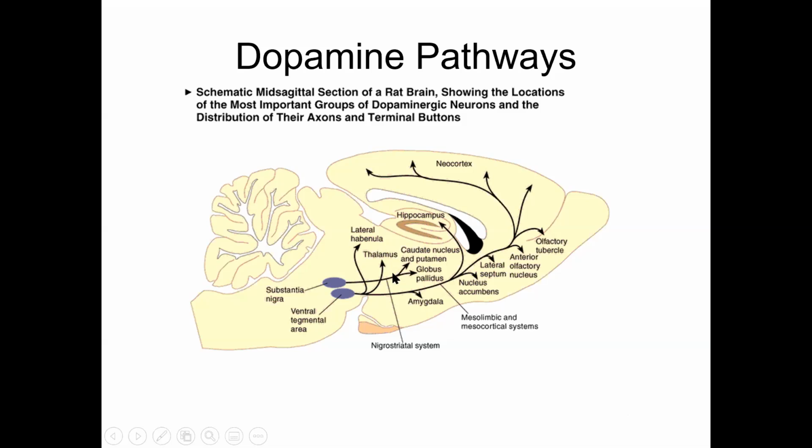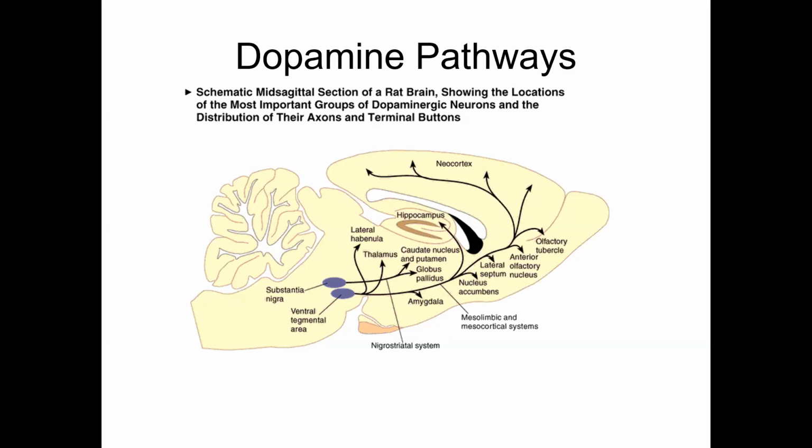And these form the nigrostriatal tract that will primarily project to the caudate nucleus and the putamen, and then the caudate nucleus and putamen will then give its outputs upon the globus pallidus. And what we have seen before in the striatum lecture is that the amount of dopamine release in the nigrostriatal system will activate either the D1 mediated direct pathway of the striatum or the D2 mediated indirect pathway of the striatum.